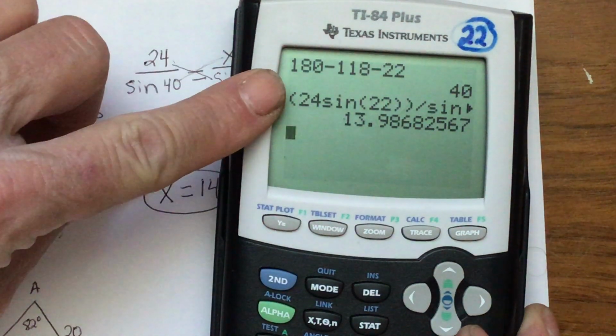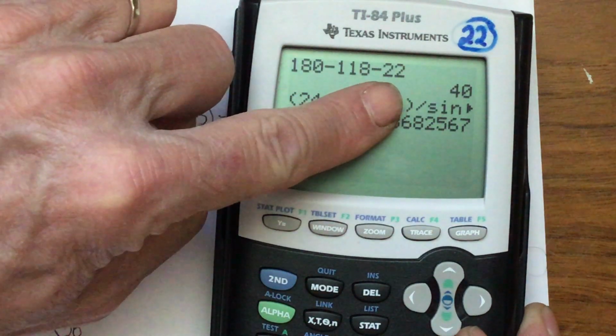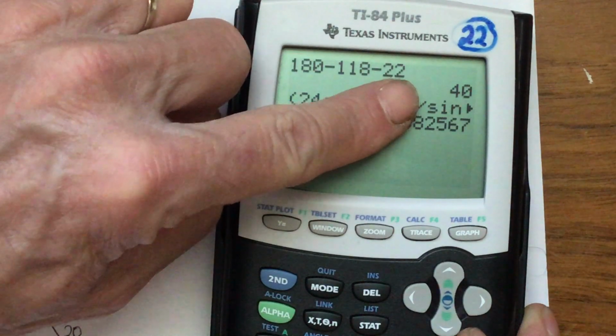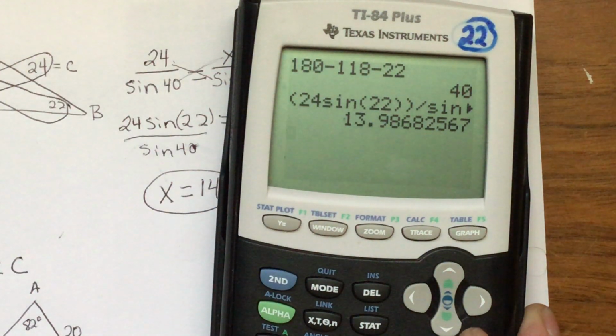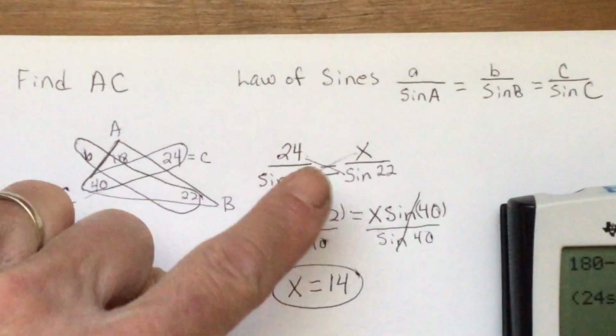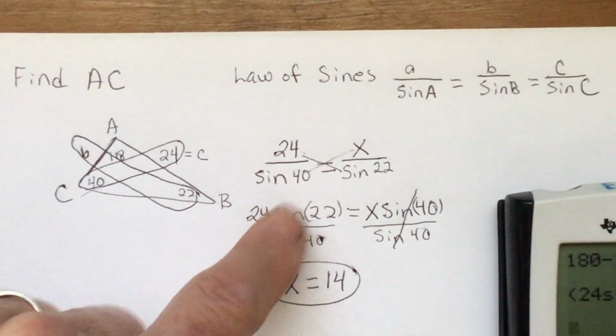Start with the parenthesis, type in all of the top of the fraction, and then use a closing parenthesis, then the divide sign, and then sine of whatever the angle measure is. Not too bad. Do this. This is part of the work. Show me this work.